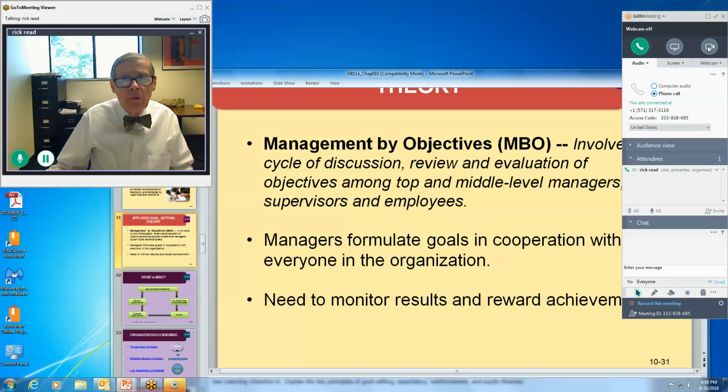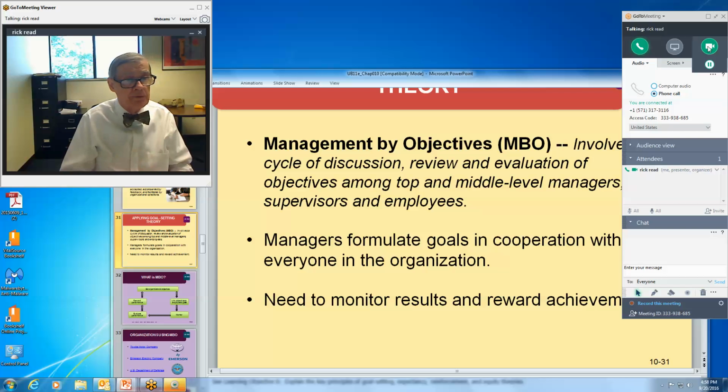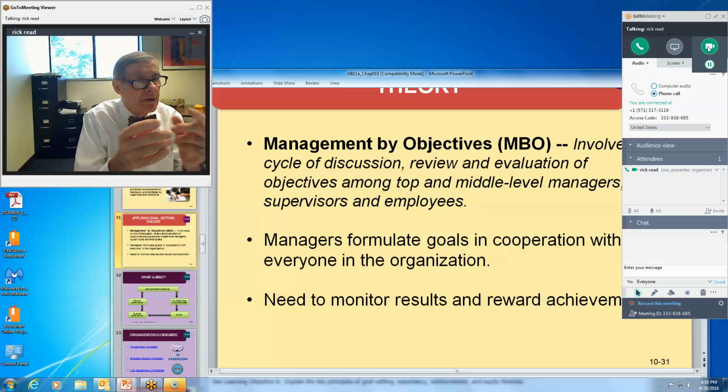One of the most popular types of goal-setting theories is what is known as management by objectives. Notice that this is where the manager and the worker get together and they discuss what's going to be done, and they review it and evaluate it, and then they go forward.